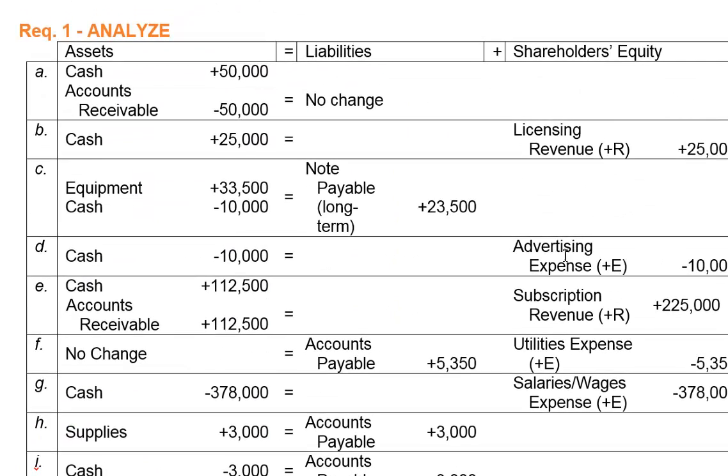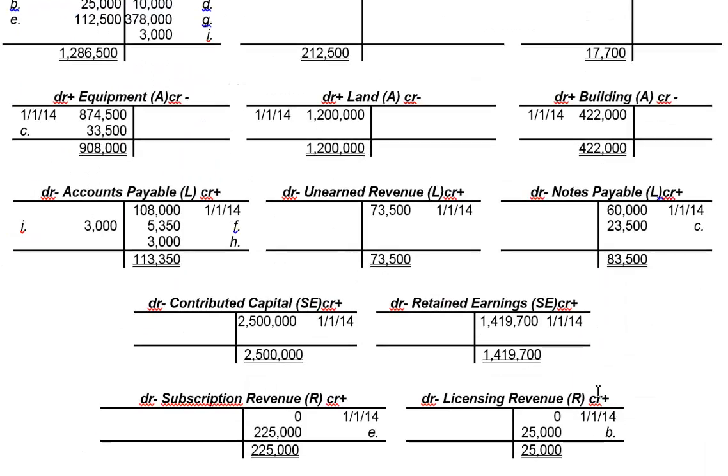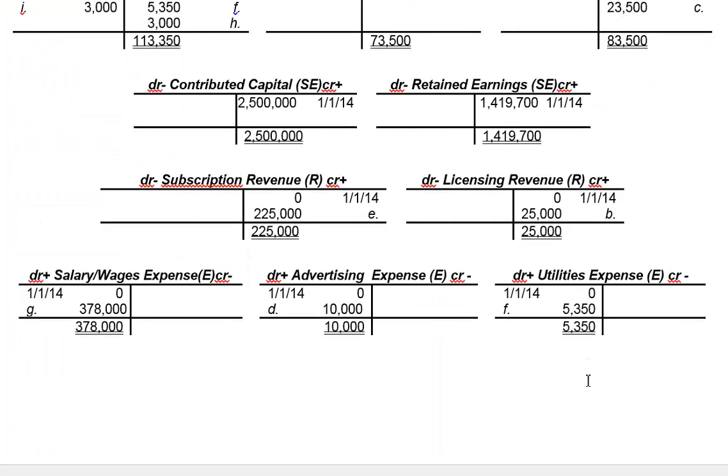You can see we created expenses, revenues during the period, and all of those accounts here have T accounts because we have to update the balances in those accounts. So now when we post the journal entries to these T accounts, you can see we move in our revenue accounts from zero balances to credit balances in our revenues.